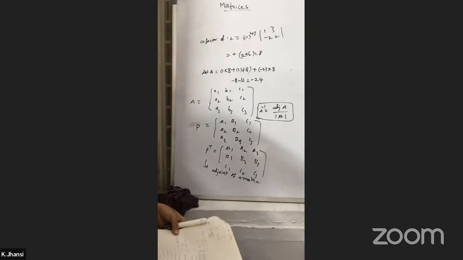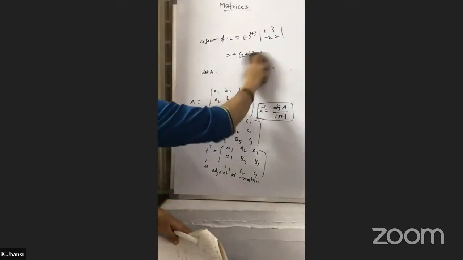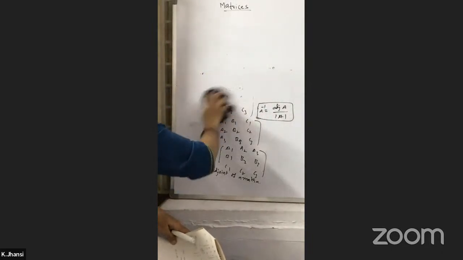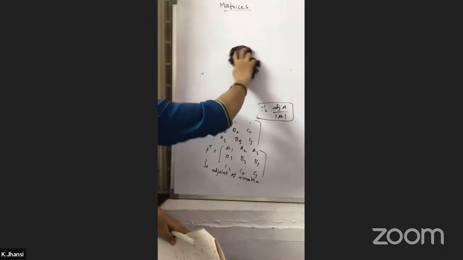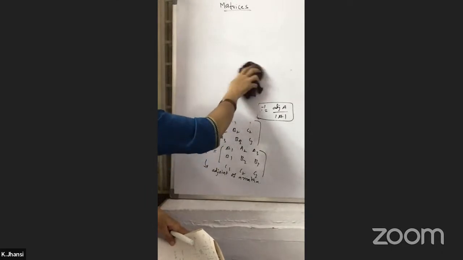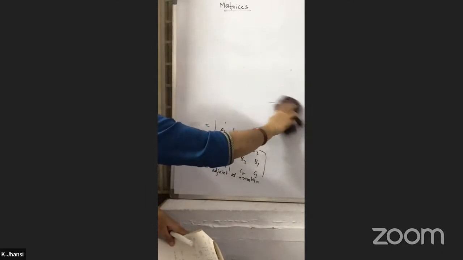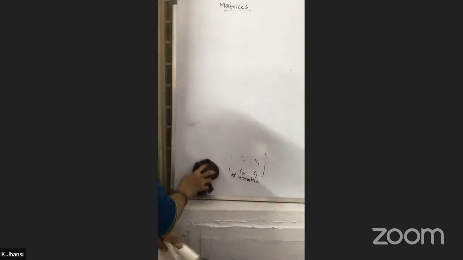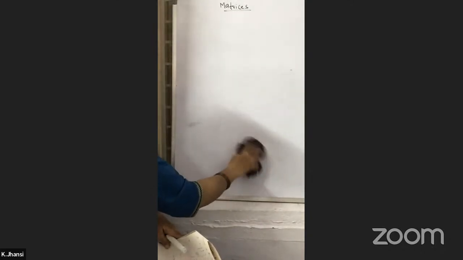Inverse of the matrix means for each and every element you have to find the cofactors. Actually, in your textbook one problem is there, for which you get very lengthy, very big values as the cofactors. So for that problem they have given somewhat different values.